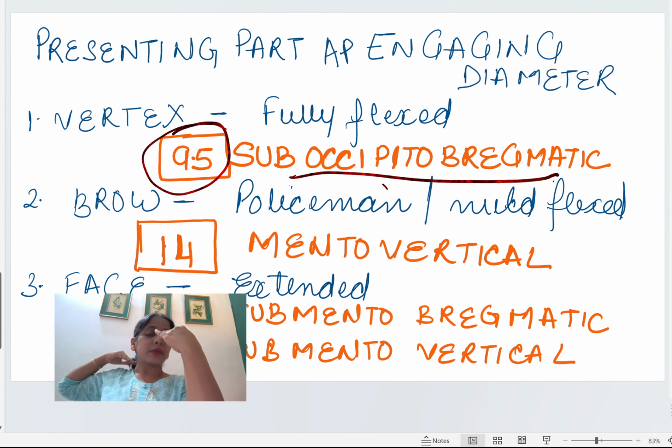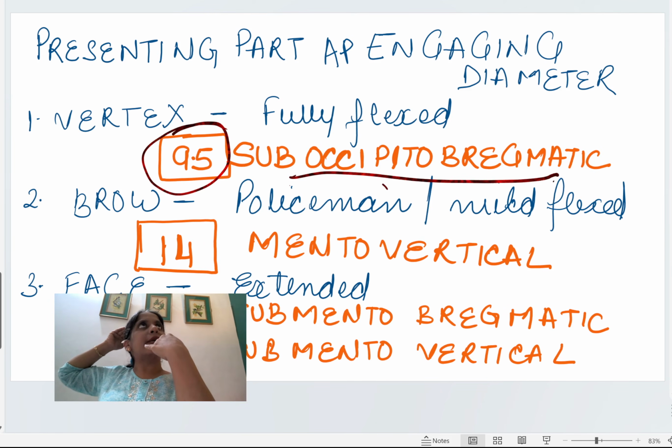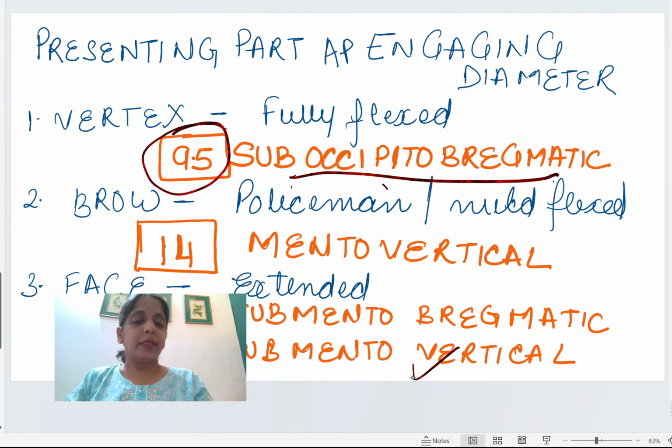Then you deflex. This is what will enter when we deflex like this. Deflex your head, mento-vertical, and then extend your head. So this is submento-vertical.